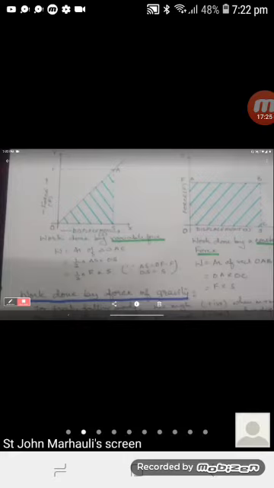If we have to find out the work done, we will be finding out the area enclosed by the rectangle OABS. This is the rectangle whose area we will be finding out.